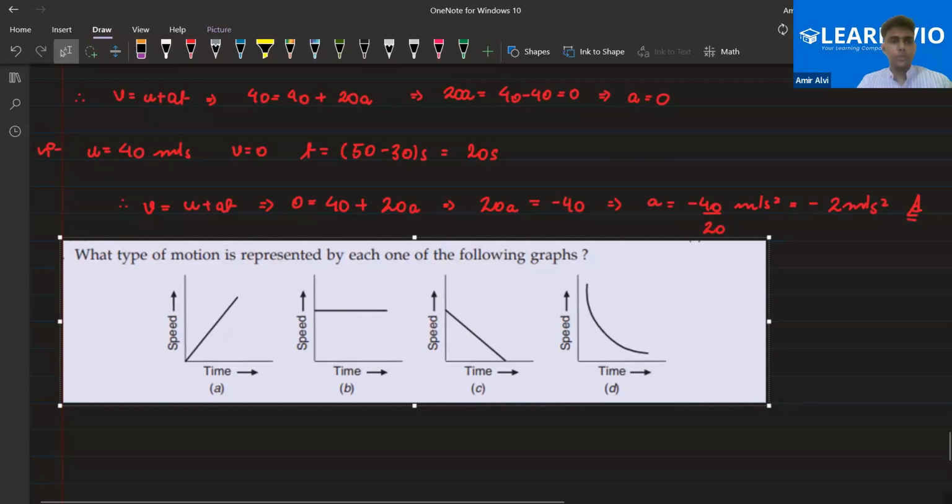Okay, Sarah and Farhan, please do this question. So there will be an assessment after this class, everyone, okay? Let me know the answer one by one.